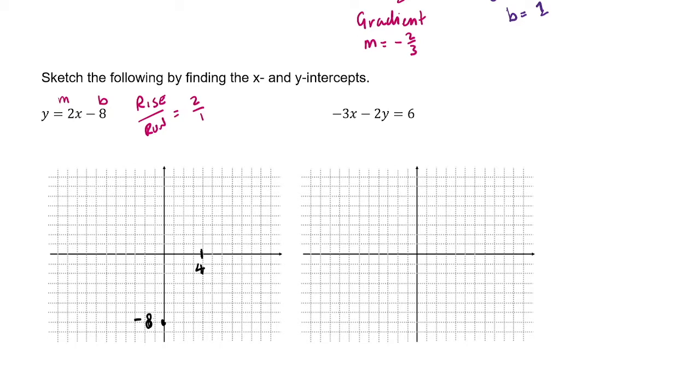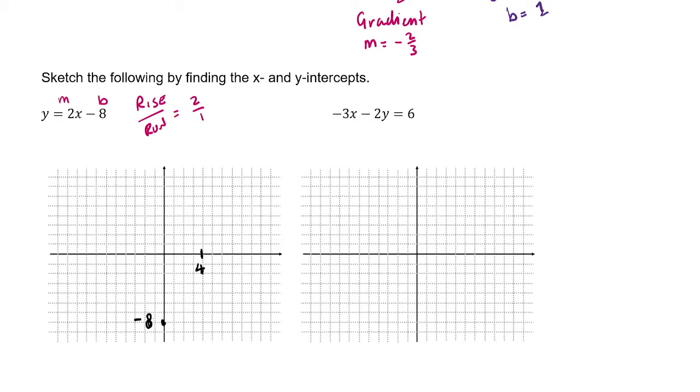Okay, so we always have to have a rise over run, and if it's a whole number, it can be written as over 1. So every 1 unit across, we're going up 2. If we do that from -8, we go across 1 and up 2, that gets us to -6. Then we go across 1 again, so we've got 2 as our x-coordinate, but now we've got -4.